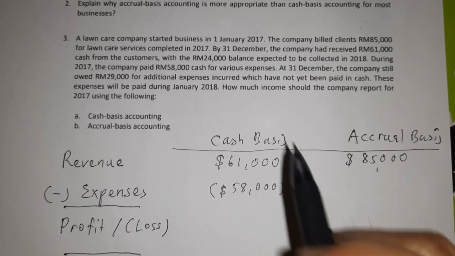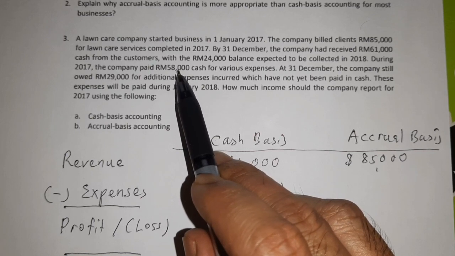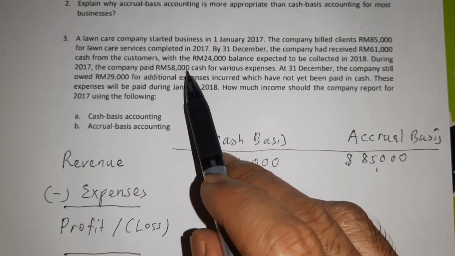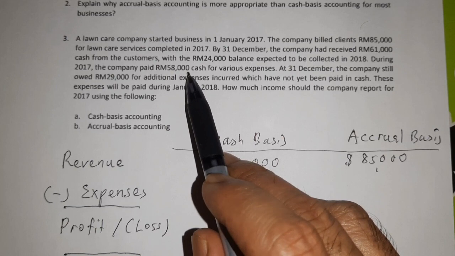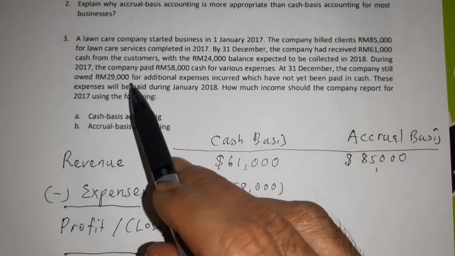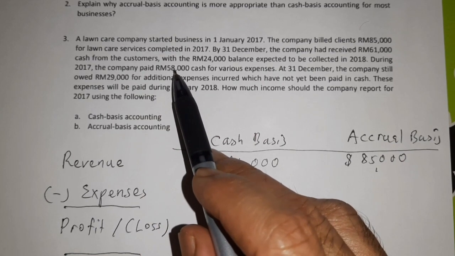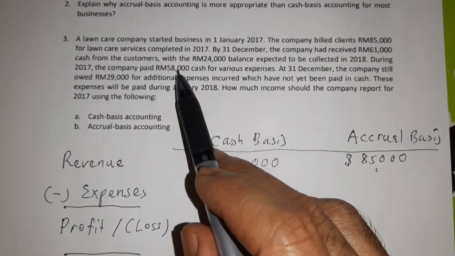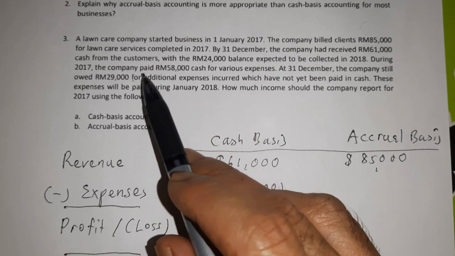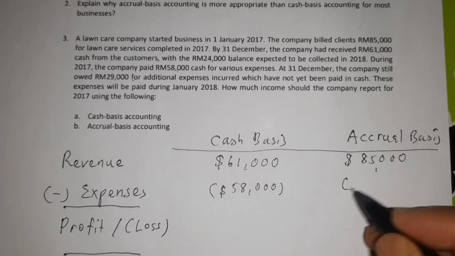During the year, the thing that happened is expenses of 58,000 paid by cash, and also there are expenses that are still unpaid, 29,000. So under accrual basis, total expenses equal 58,000 plus 29,000, which is equal to 87,000.